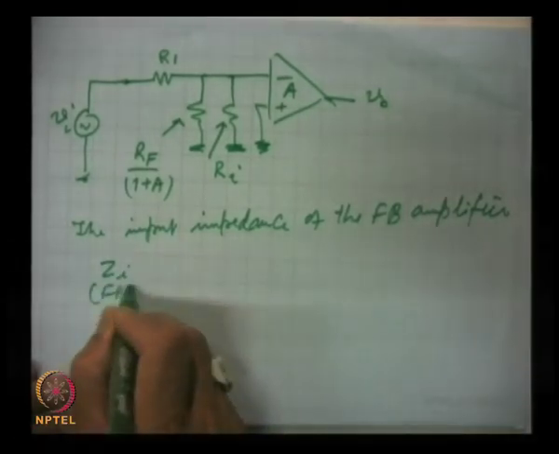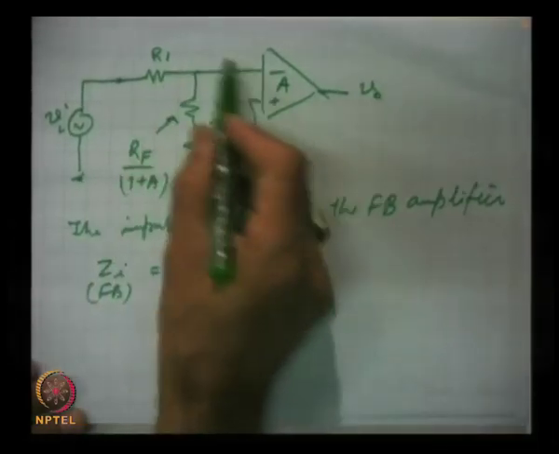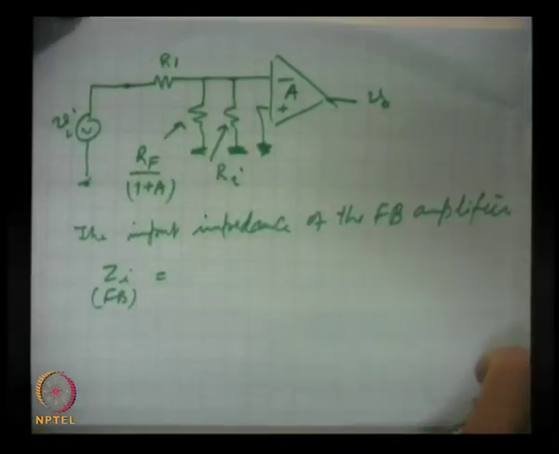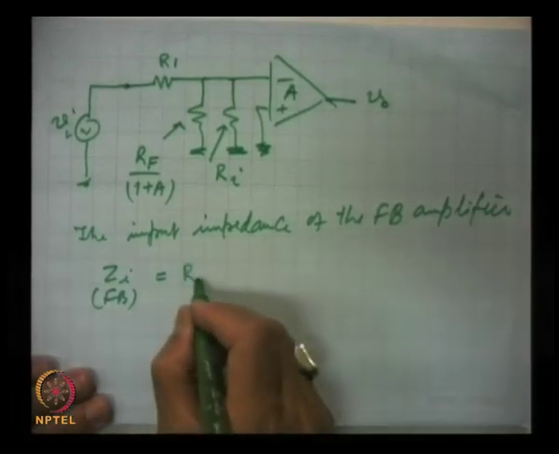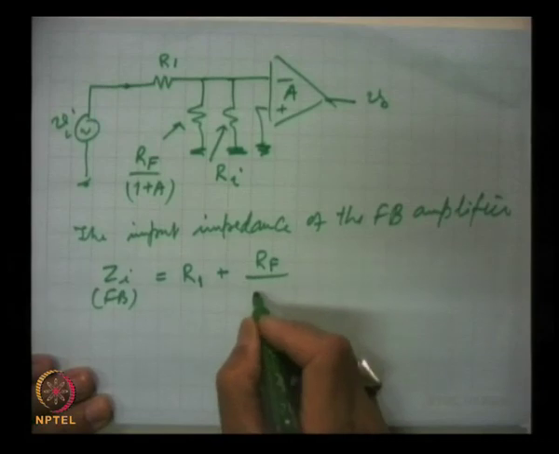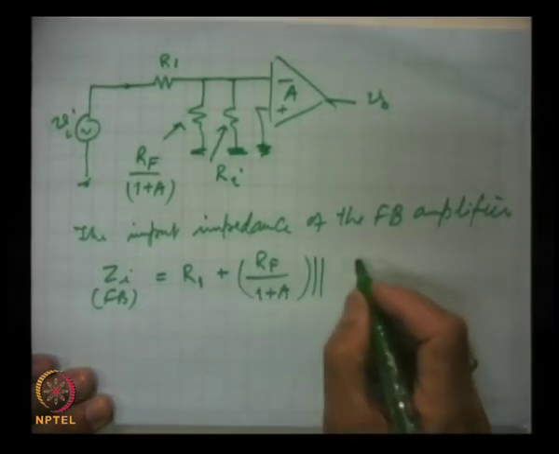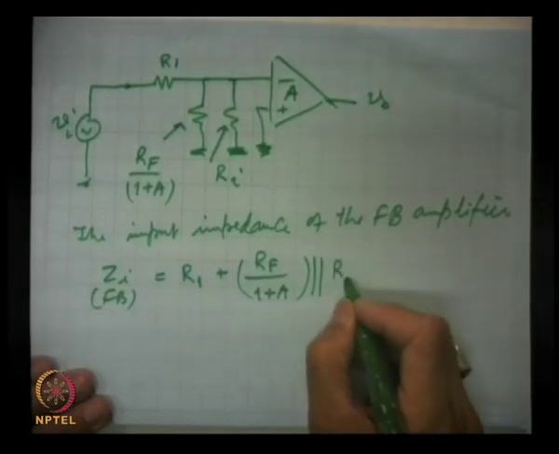So, for the feedback amplifier, this is R1 plus this combination in parallel. So, R1 plus RF by 1 plus A in parallel with Ri.